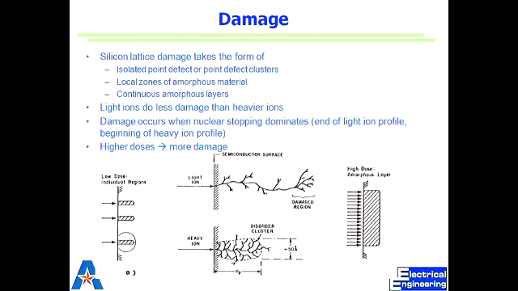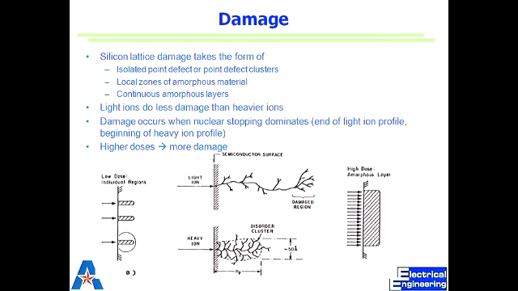I may start with crystalline silicon, but if I have too many ions floating around that structure, it becomes an amorphous material. It loses the crystalline properties. Basically, if you bombard it too much, you break the crystalline structure.